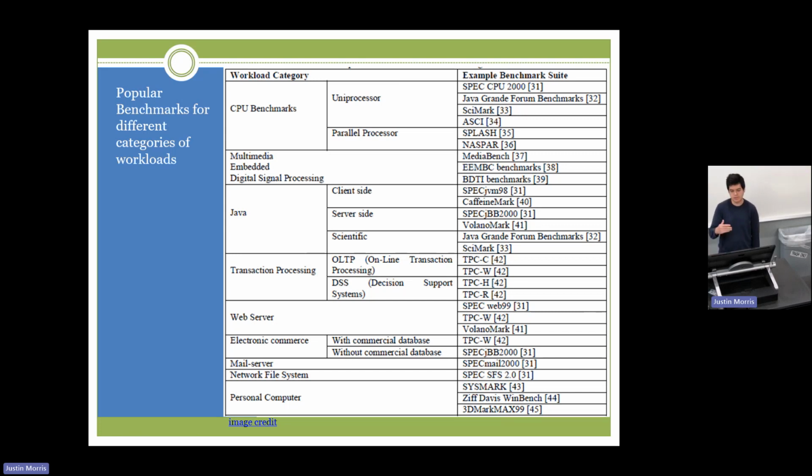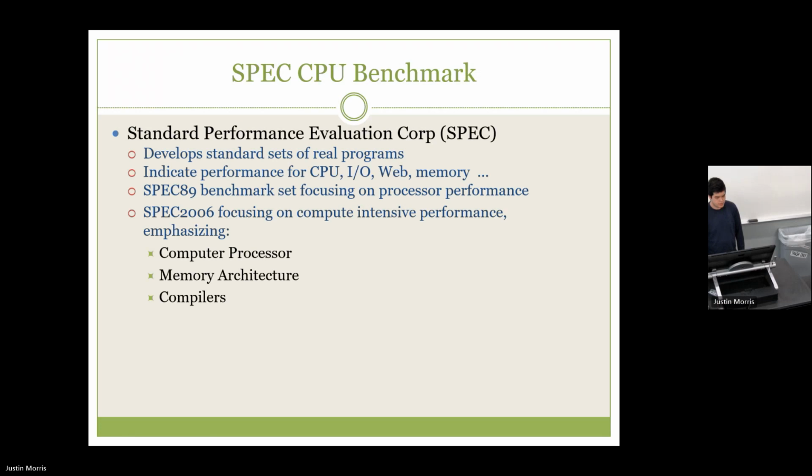And SPEC is always being revised and adding new benchmarks. Like they've added floating point, some protein folding, lots of different applications are being added to this SPEC benchmark. The other thing is it's a standard performance evaluation, and it's based off of real programs, like I mentioned.